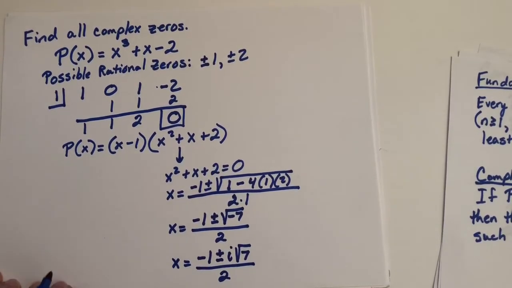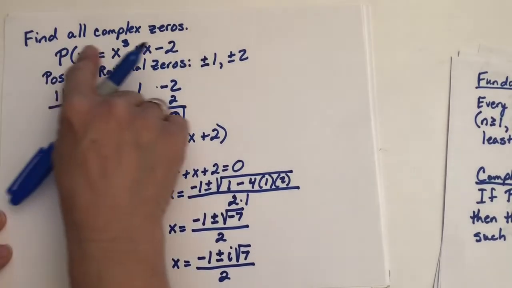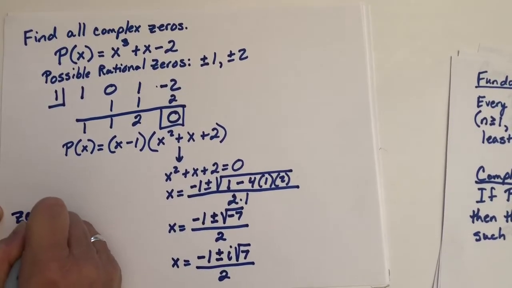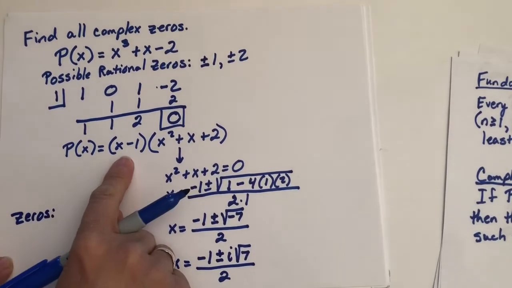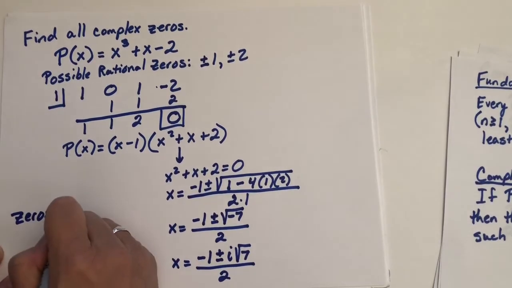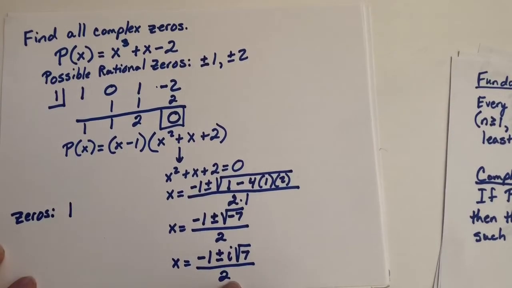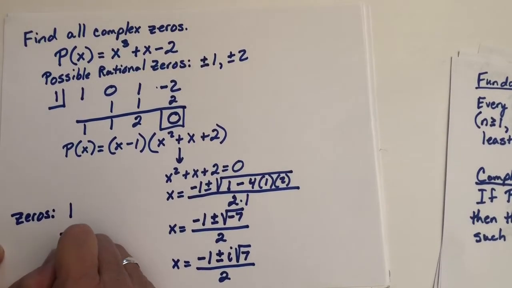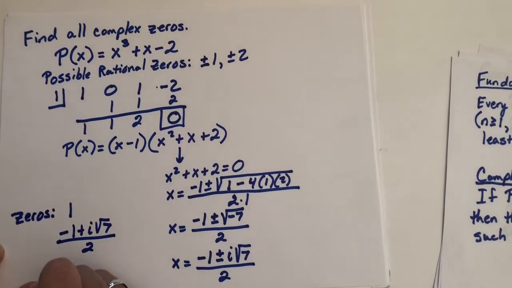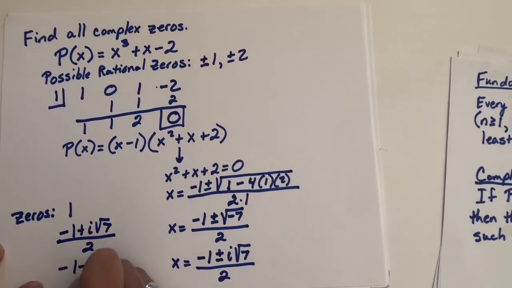So now the zeros for this one, this problem specifically said to state the zeros. The zeros are 1, we found it here, and it's related to this factor, and these two numbers, which are negative 1 plus i square root of 7 over 2, and its conjugate, negative 1 minus i square root of 7 over 2.